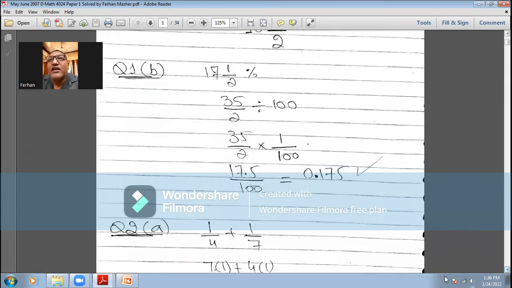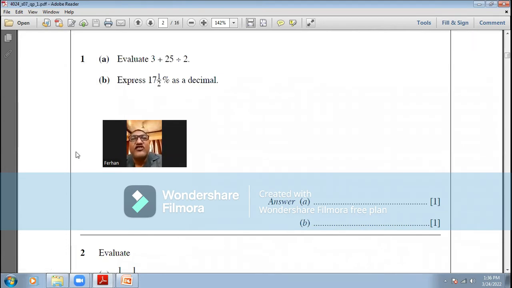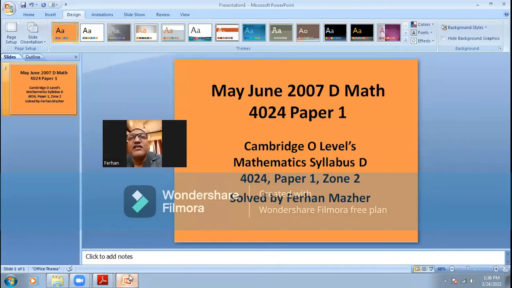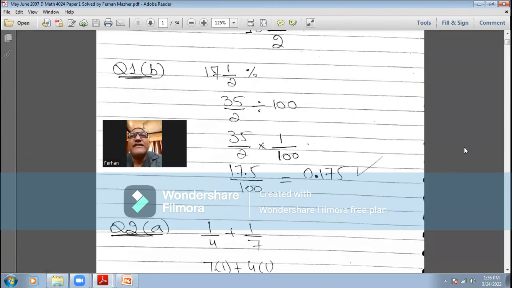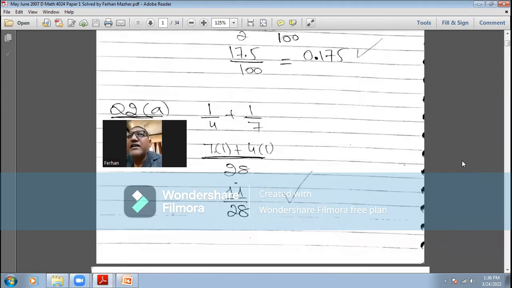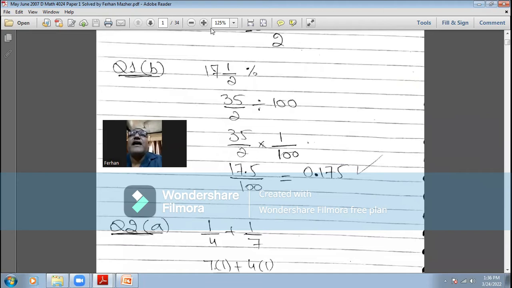Okay, so now we are going to do the B part of question number 1. He says, express 17 whole 1 by 2% as a decimal. Let me show you. Here we go.